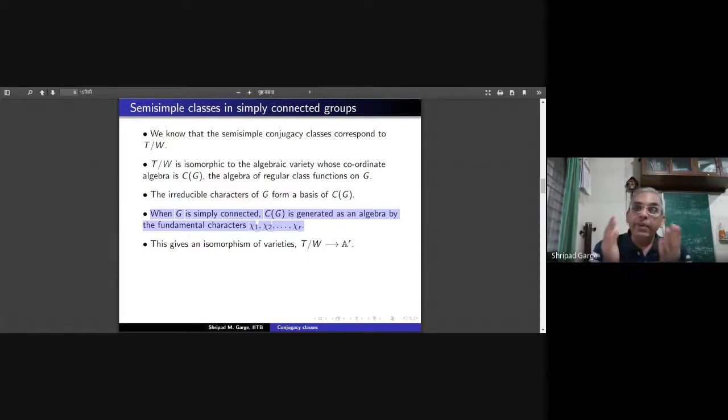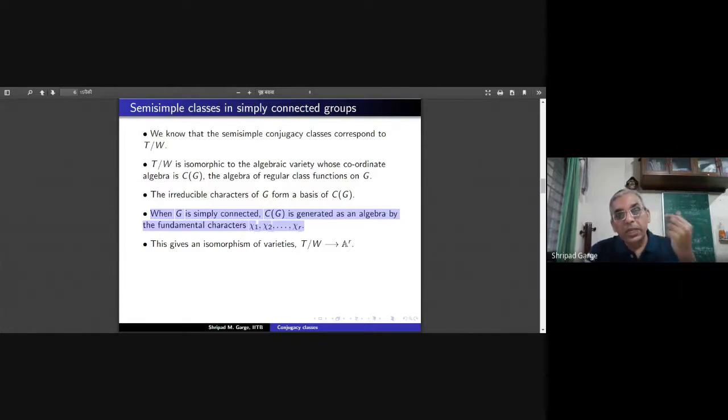Then there are weights. We take all possible vectors which have integral inner product with the roots. Those are the weights. That is again a lattice, and there is a very particular basis for this lattice called the fundamental weights. Then for each fundamental weight, after having chosen a simple system, we have a representation whose highest weight is that fundamental weight.